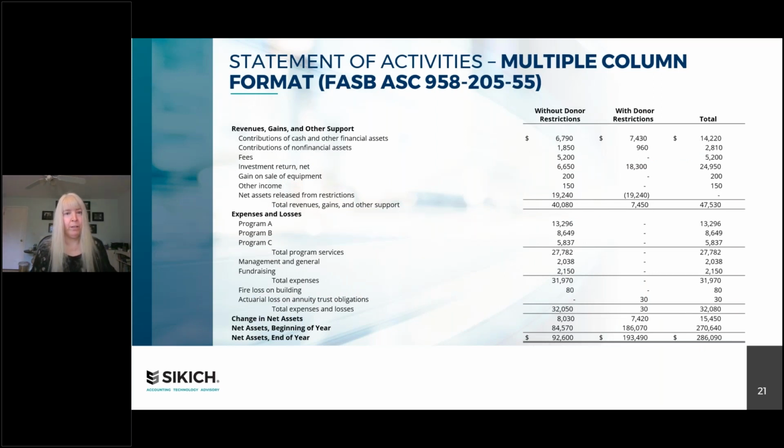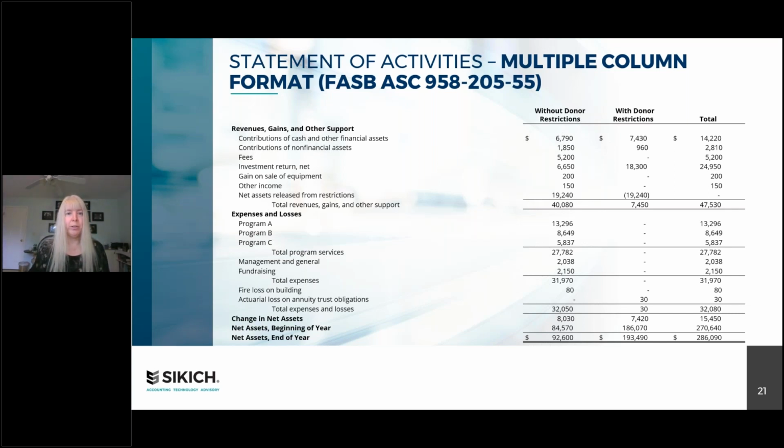You can see all of the activities that are flowing through without donor restrictions are in that first column, and then the activities with donor restrictions are in the second column. And you'll see, right before total revenue, gains, and other support, the net assets released from restrictions, and that amount should net to zero.